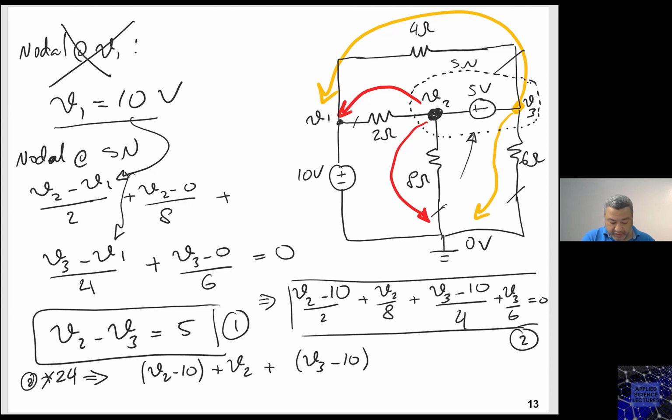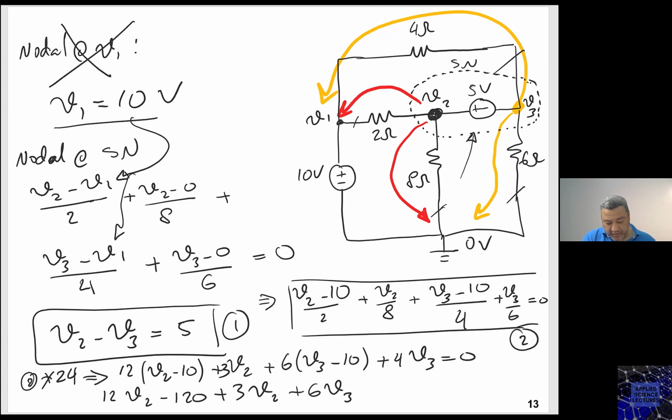So you have here 12, you have a 3, and you have here 6 plus 4 V3 equals to 0, then 12 V2 minus 120 plus 3 V2 plus 6 V3 minus 6 V3 equals to 0.